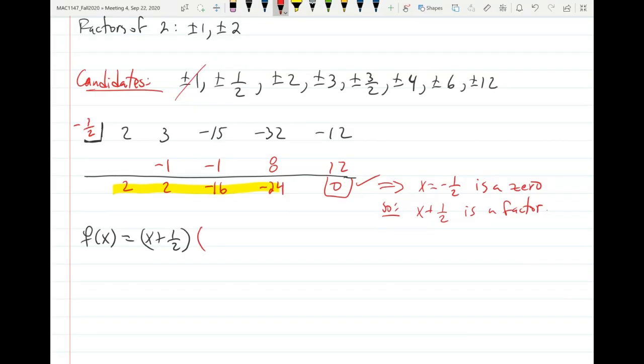We get 2x cubed plus 2x squared minus 16x minus 24. Now the question is to focus on the red polynomial and keep on factoring down. Notice that we reduce the complexity of the problem because we were in degree 4. We now narrow down the problem to a degree 3 polynomial. So now we work on that one.